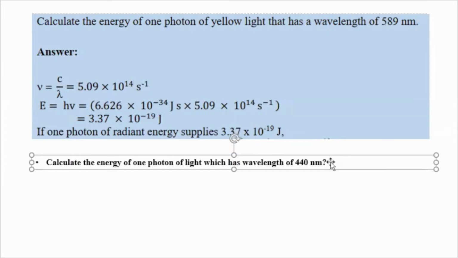Calculate the energy of one photon of light which has the wavelength of 440. First you need to find the frequency, then only you can substitute it into the E is equal to h nu equation.